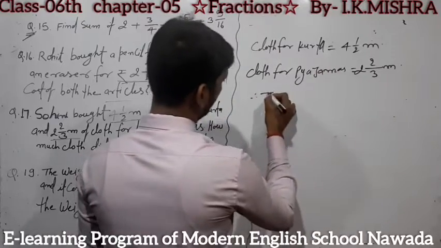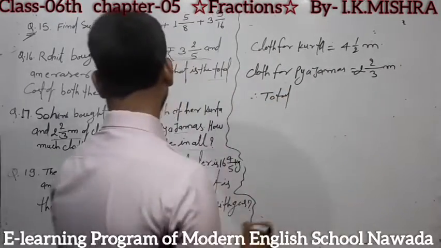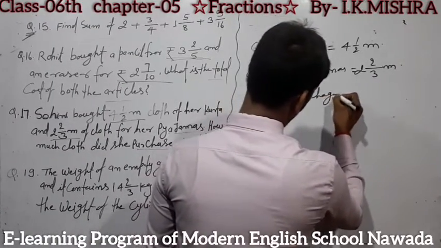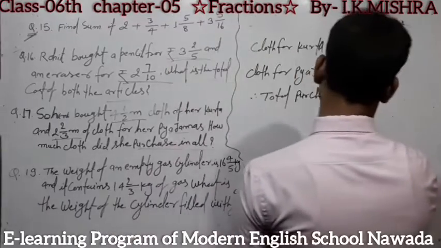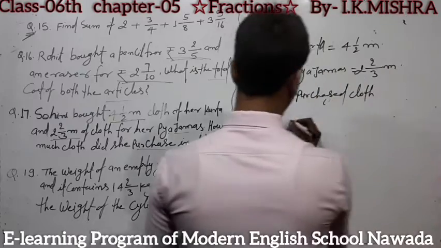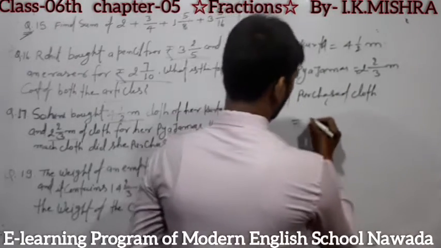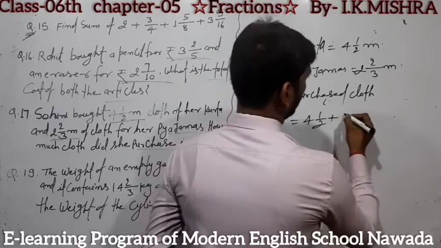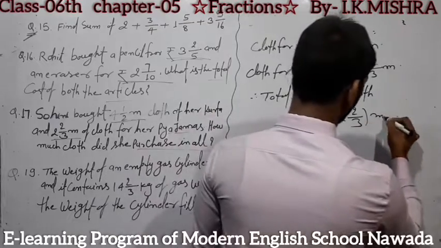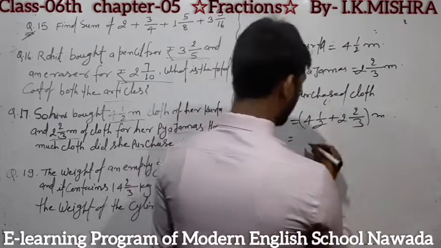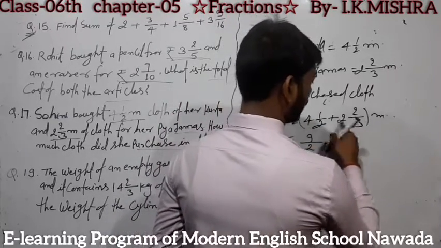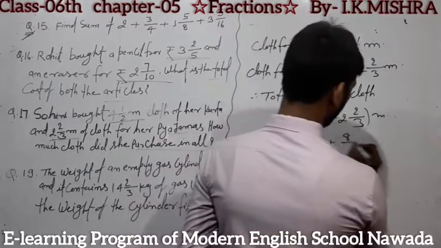So total purchased cloth is equal to 4 whole 1 by 2 plus 2 whole 2 by 3 meter.